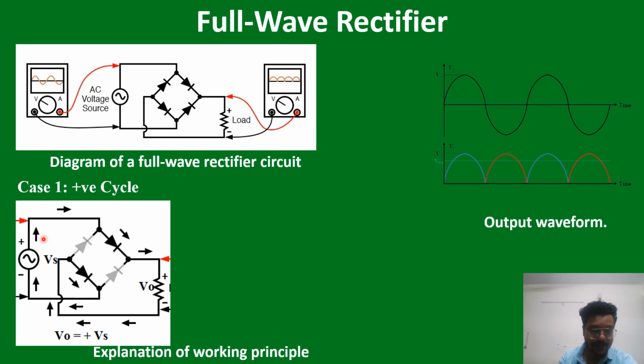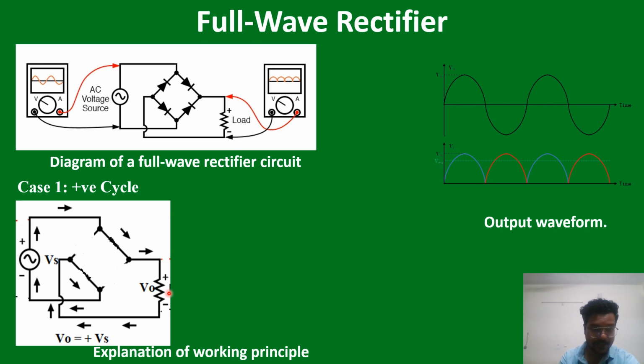This configuration will form like that, and positive voltage will appear at the positive terminal of the load. So we can say the output voltage is equal to the input voltage and the polarity will remain the same.